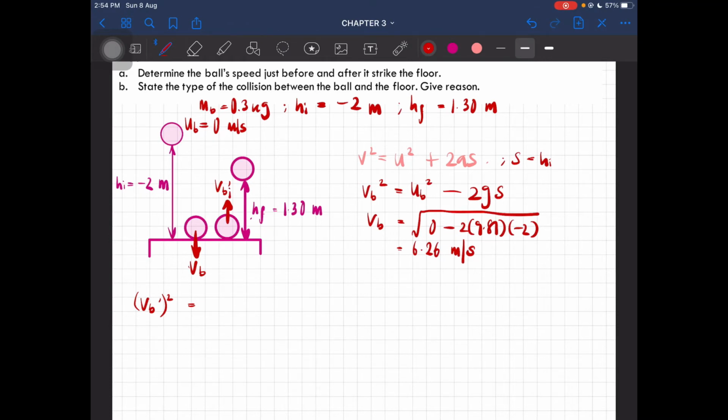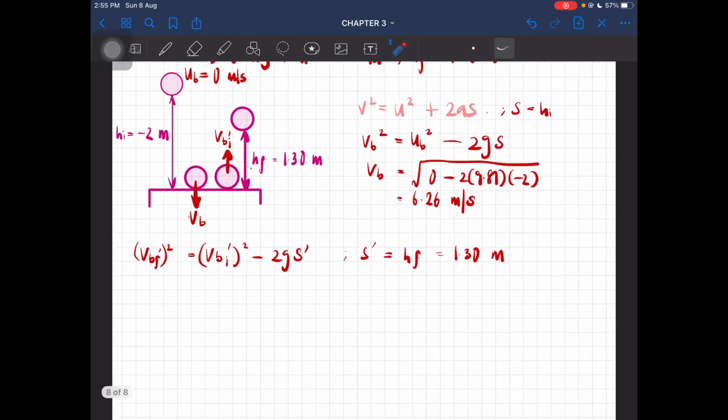I put initial and final, so VB final squared equals VB initial squared minus 2gs, where s apostrophe equals h final, which is 1.3 meter. VB final is at the point where it stops, maximum height, so it equals 0.